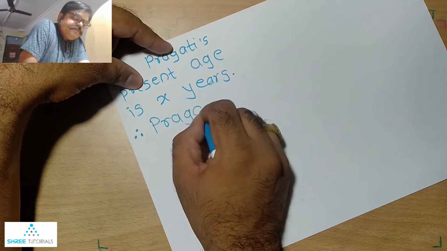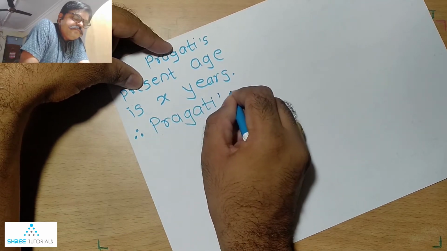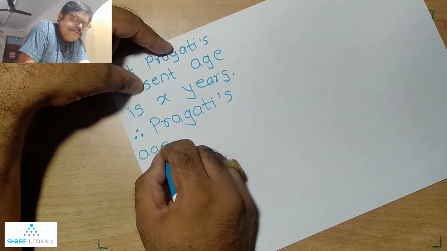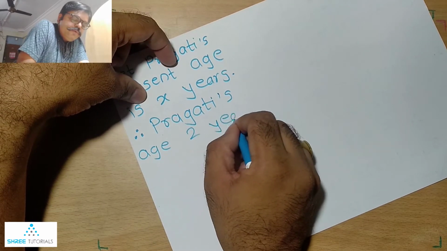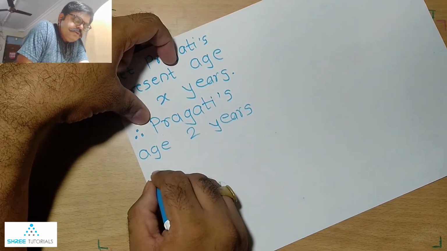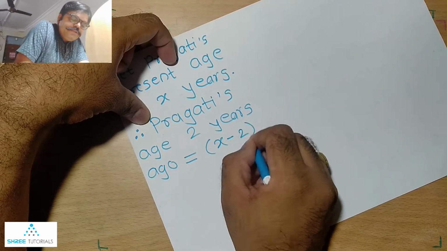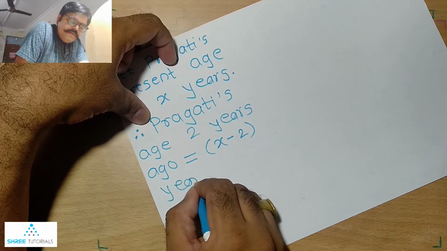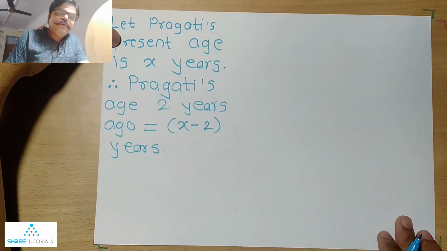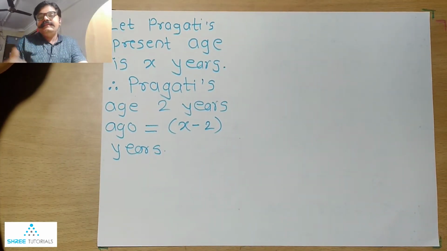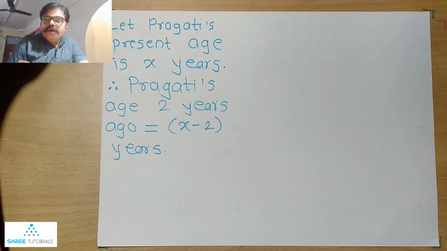Therefore, Pragati's age 2 years ago will be equal to X minus 2 years. Fine. And another thing they have given us is 3 years hence. Always remember, 3 years hence means after 3 years.